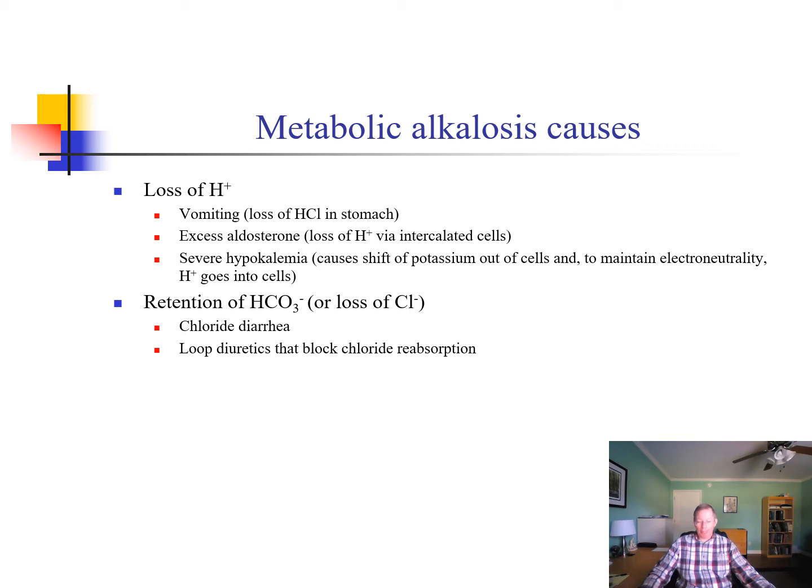There are also loop diuretics, things like furosemide that block the sodium-potassium-chloride transporter in the ascending loop of Henle. And if that's the case, you will then end up urinating more chloride, and therefore you'll retain bicarbonate, leading to a metabolic alkalosis.